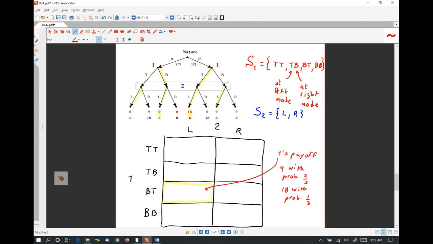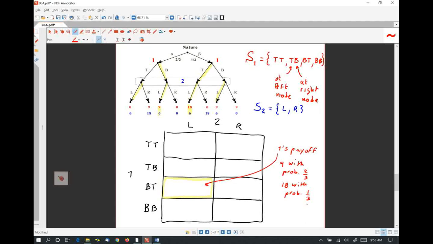Now this is where the assumption of von Neumann-Morgenstern payoffs is relevant, in that we can compute an expected payoff. So it's 9 times 2/3 plus 18 times 1/3. So it's 6 plus 6, which is equal to 12. So we put a 12 here as the payoff of player 1.